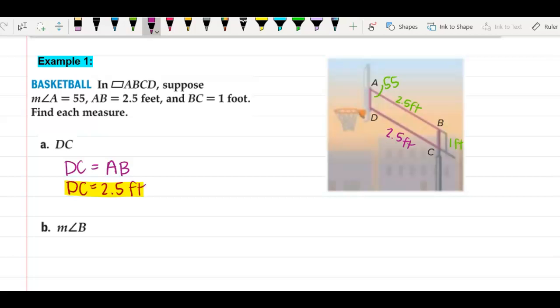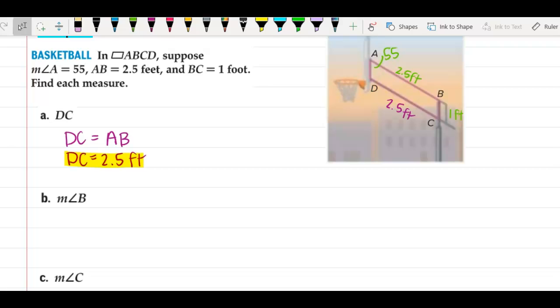Okay, so we can label that if we want, 2.5 feet. For angle B, the only angle we know is angle A. If these two angles were opposite, meaning across from each other, like angle A and angle C, they would be the same. But A and B are next to each other. They're consecutive. So these two are actually supplementary.